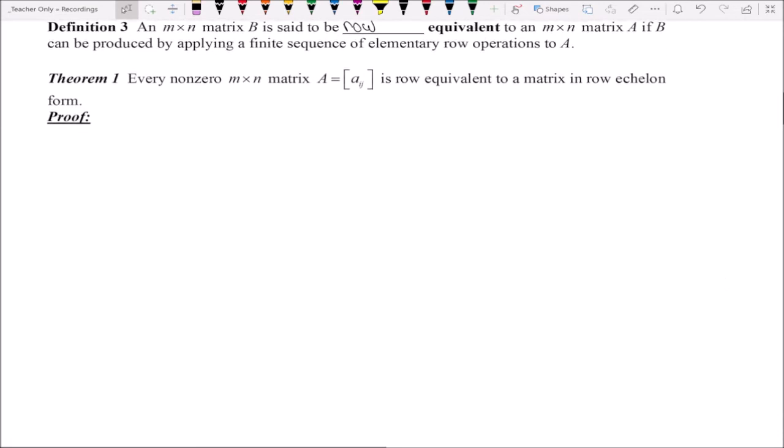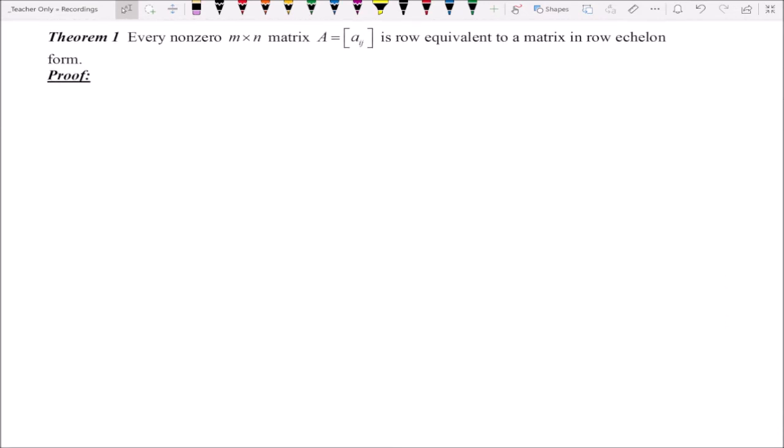Every non-zero M by N matrix A is row equivalent to a matrix in row echelon form.